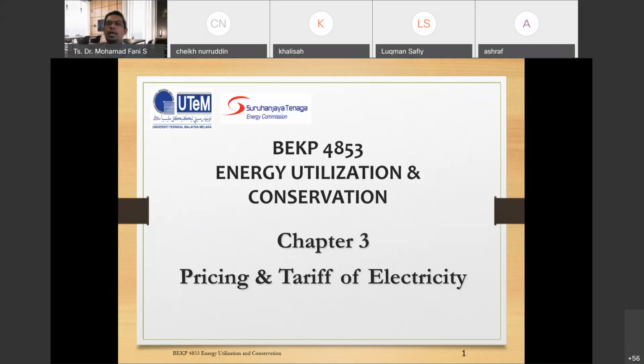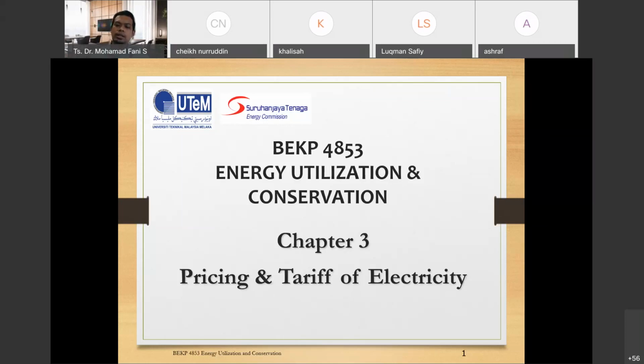And then as the energy manager, you must understand how this price and tariff has been designed, or at least you get the idea to calculate the energy cost.